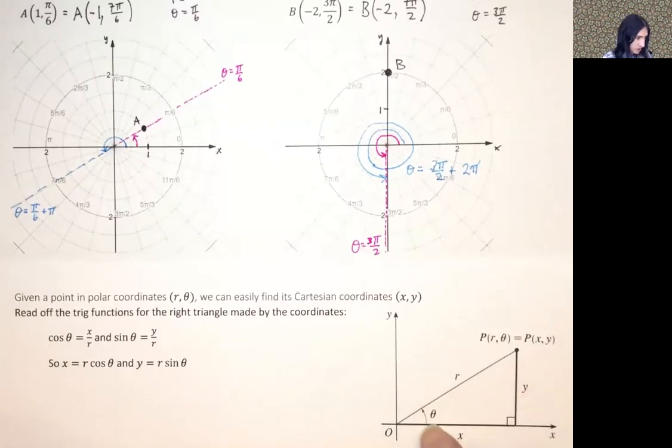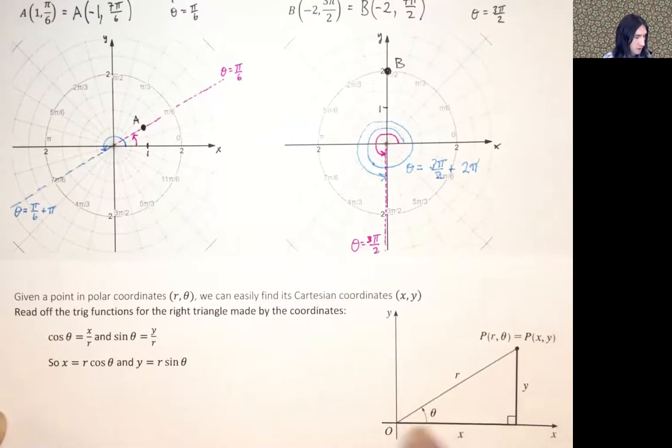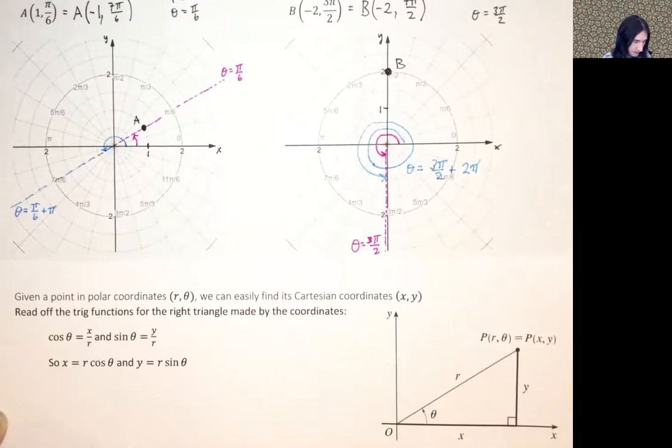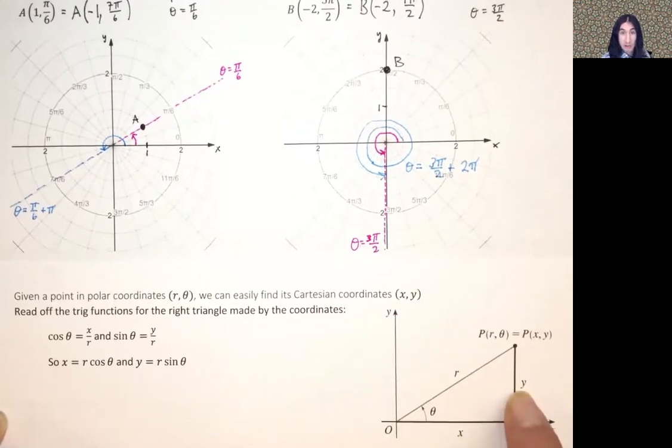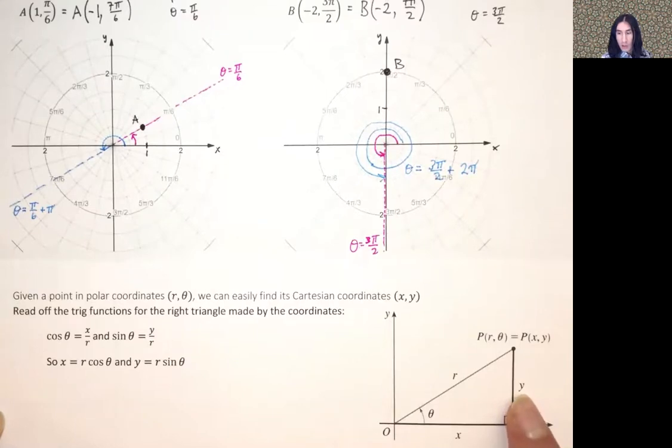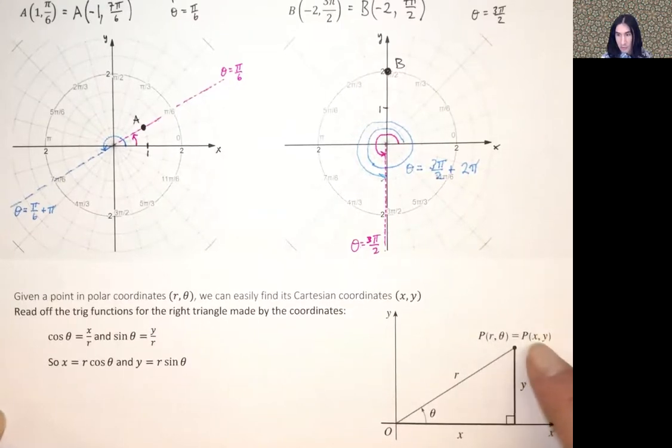Remember our construction, you want to walk counterclockwise theta radians from the x-axis and then move r units away from the origin in that direction. And if we think of the right triangle, xy coordinates labeling these sides right here, the x here could be a negative number, the y could be a negative number, just like on a unit circle, then that's the xy pair representing that point, right?